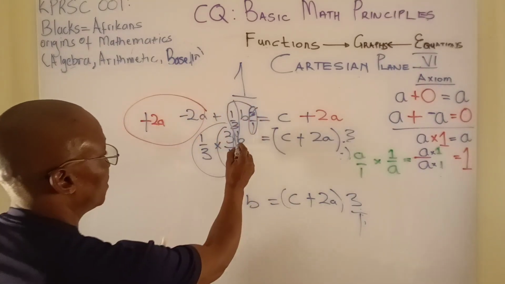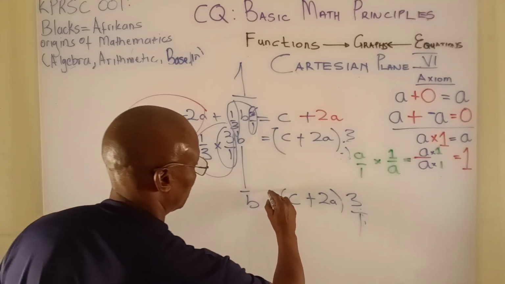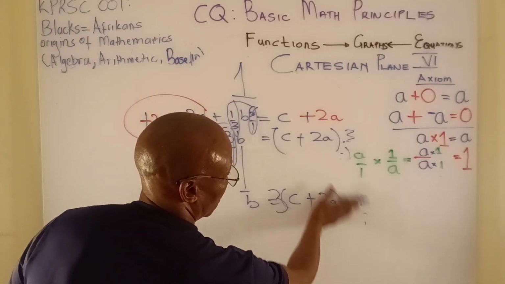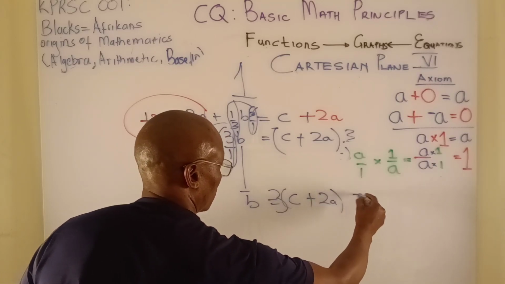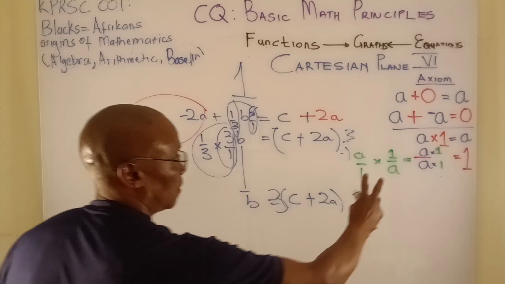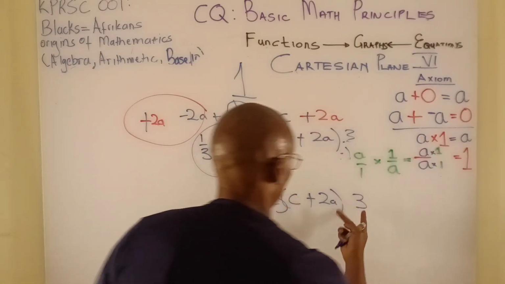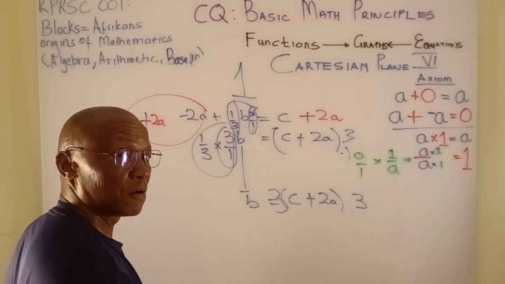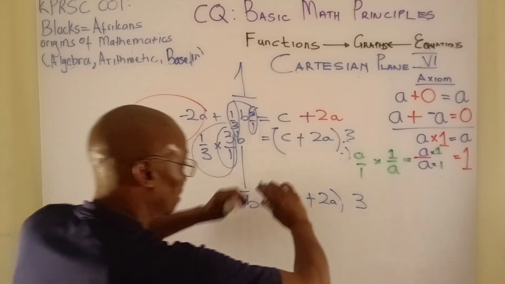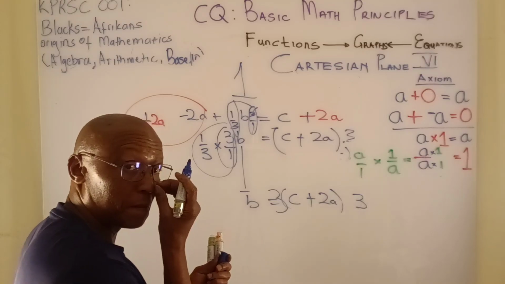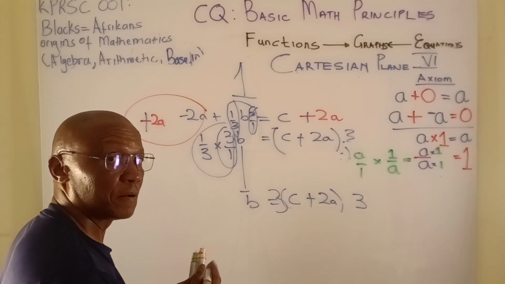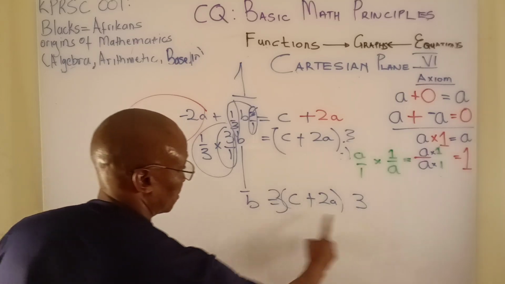And I still remain with that b. Now is 3 times everything. How do I know? Because the 3 was here. Well, the commutative law. The bracket acts as a multiplier, literally, in an expression.